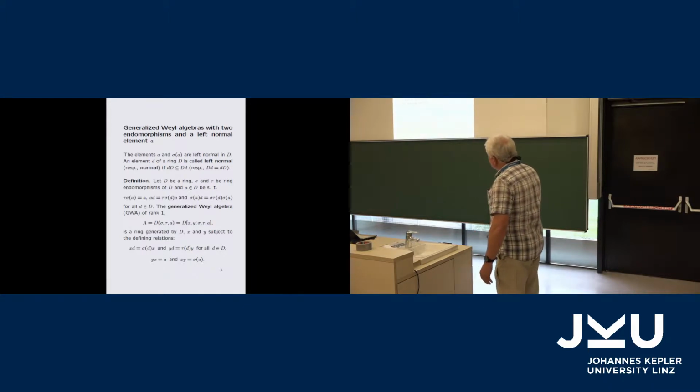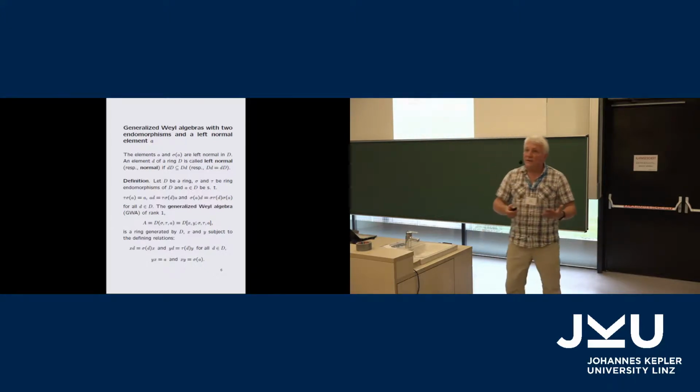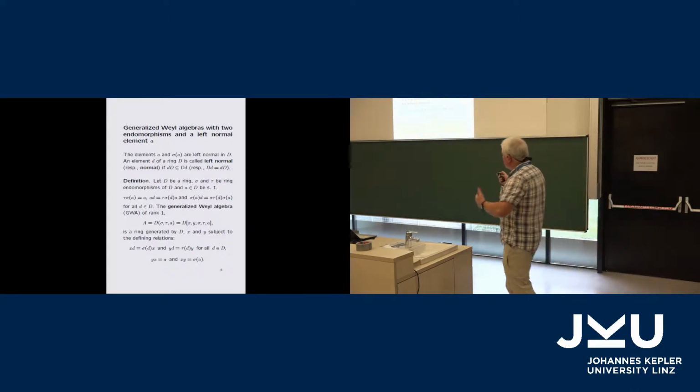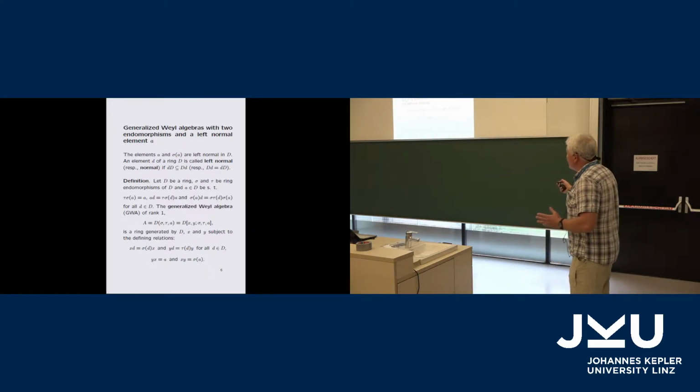Now look at the central element case, when tau is equal to sigma inverse. Then sigma A equals A, so this is the identity homomorphism. It means simply that A is a central element. So in the earlier definitions, these conditions automatically hold, and they are not present on the scene. But in the general situation, this condition must be satisfied.